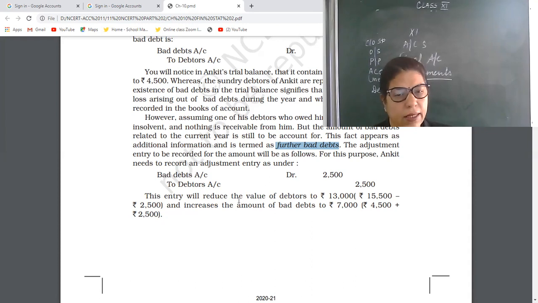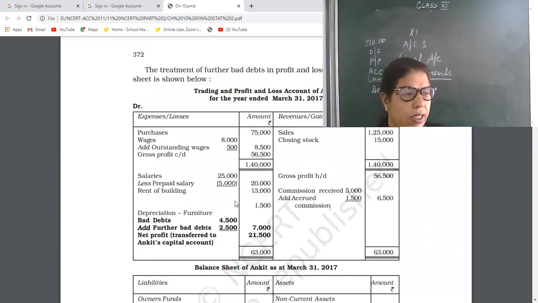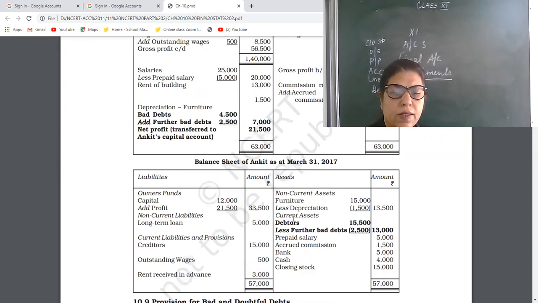One is in the debit of P&L because this is the loss for the business, and another is minus from debtors because now the debtors value is declining, as these persons are not giving the payment. So there are two treatments: debit of P&L, and minus from debtors in the balance sheet.